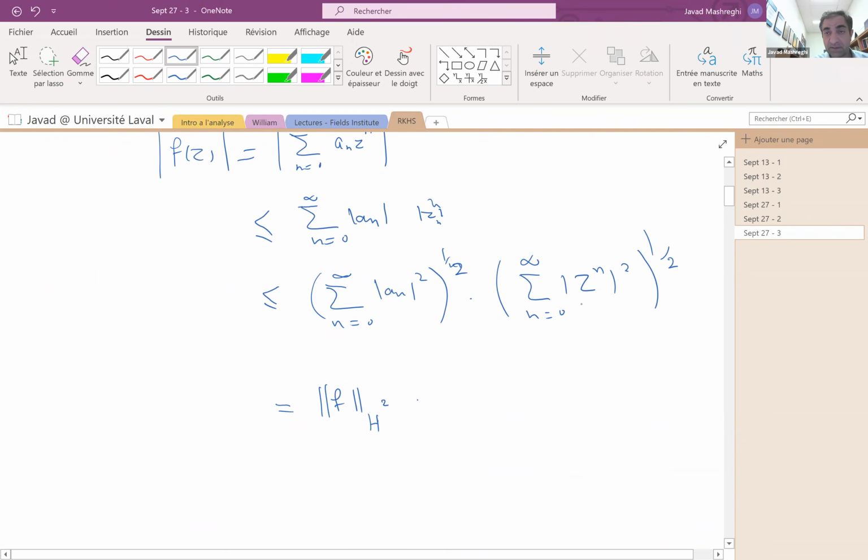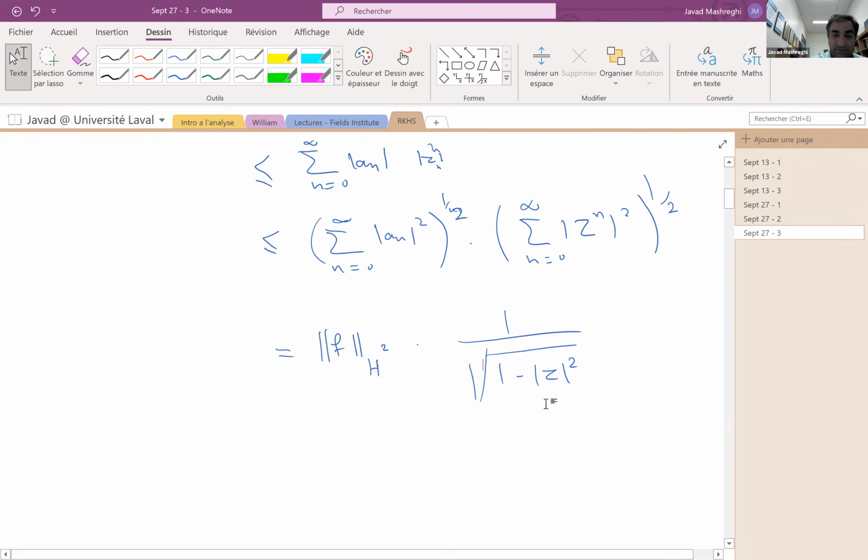And the other one is the sum of |z|^(2n), so it's 1 over 1 minus r, where r is |z| squared, and then there is a square root for everything.